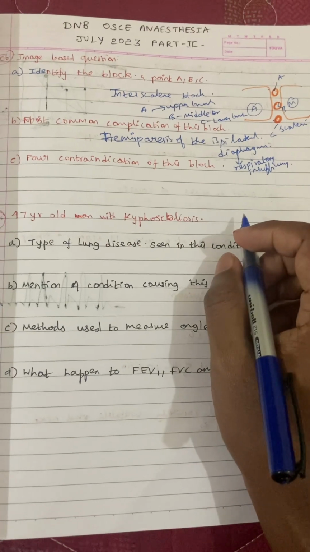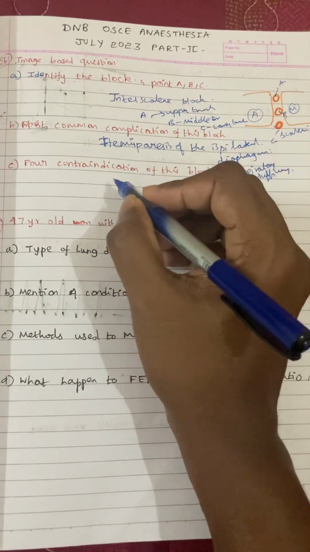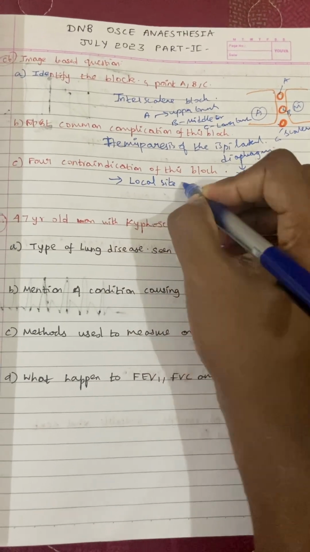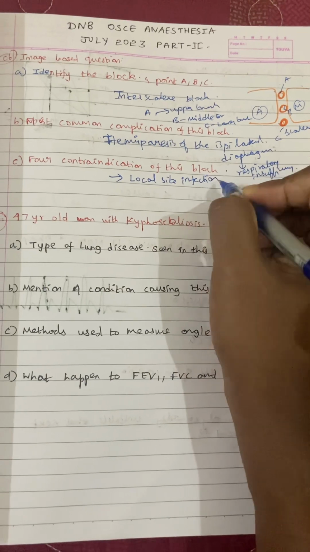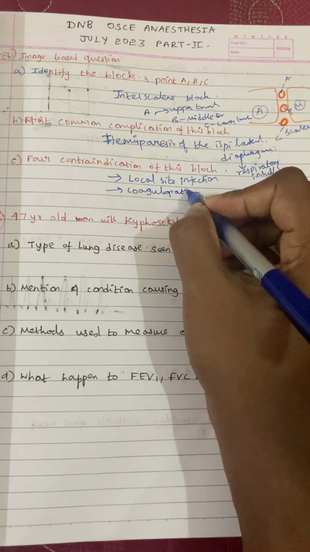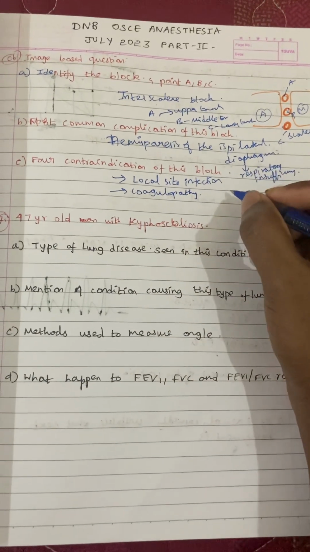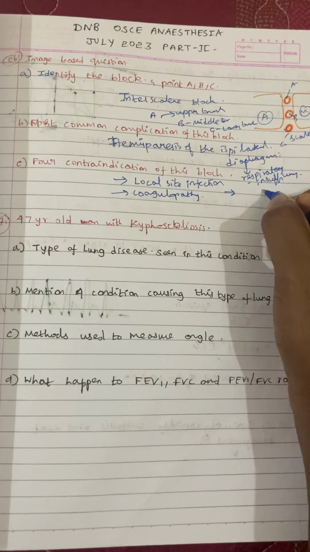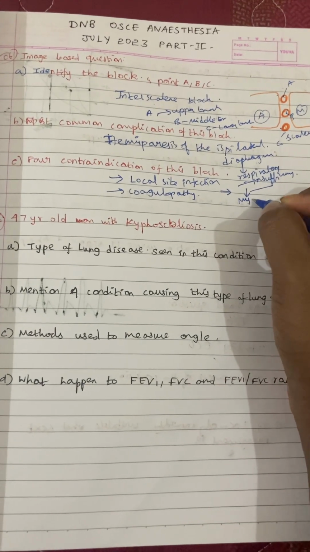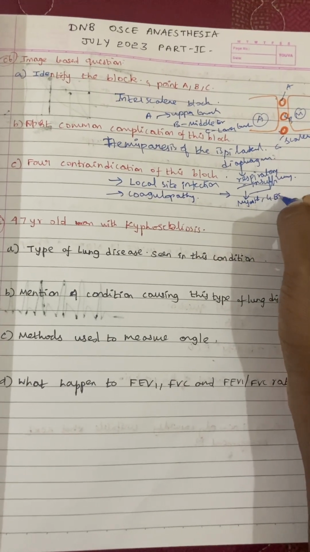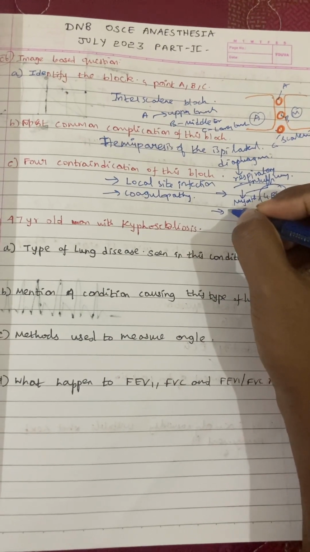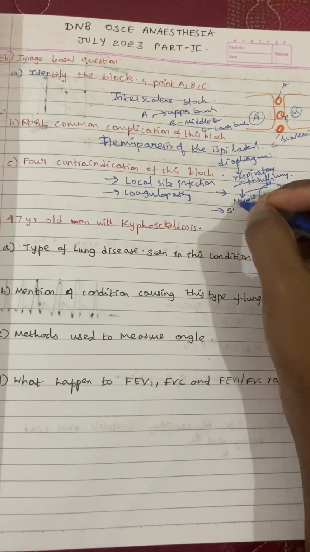What are the 4 contraindications of this block? The contraindications are common to blocks: local site infection, or coagulopathy, because there is an increased chance of hematoma. Specifically in this block, if the patient already has respiratory insufficiency, such as restrictive lung diseases, myasthenia or GBS, neuromuscular weakness, or associated features like vocal cord palsy.